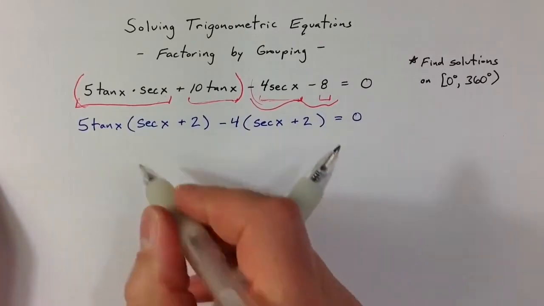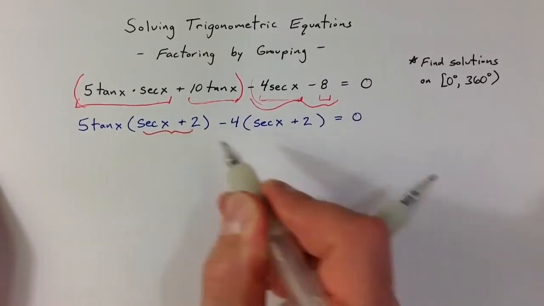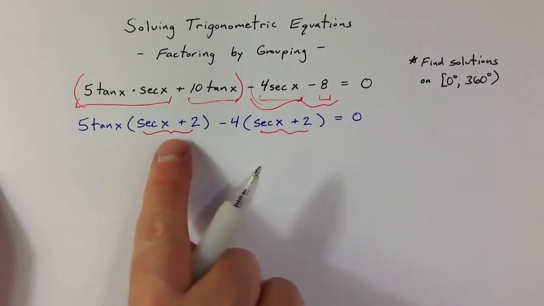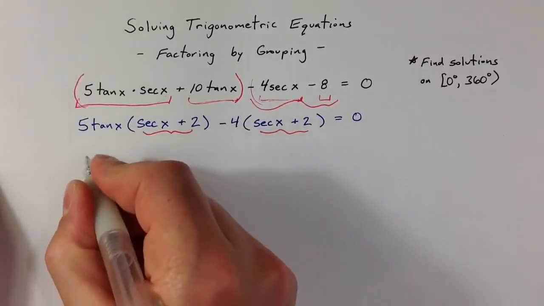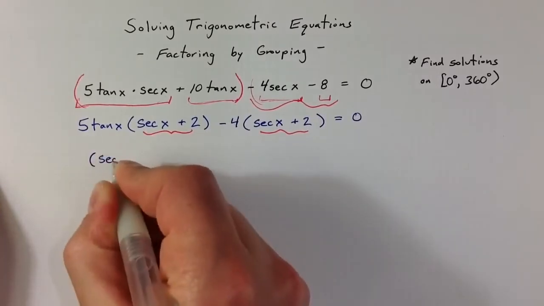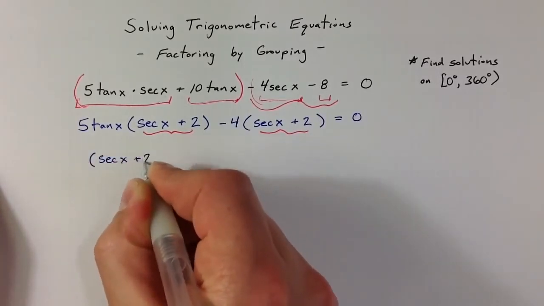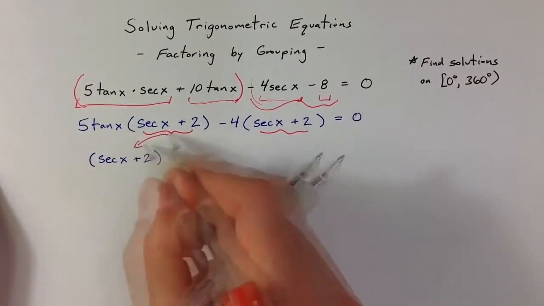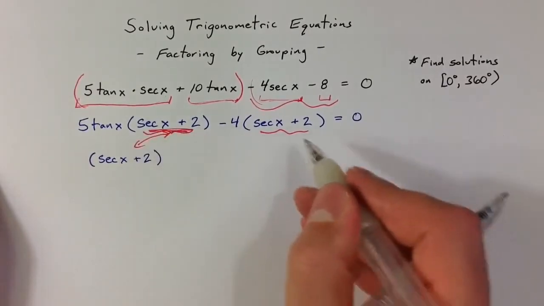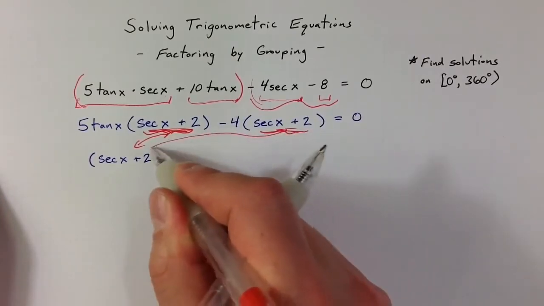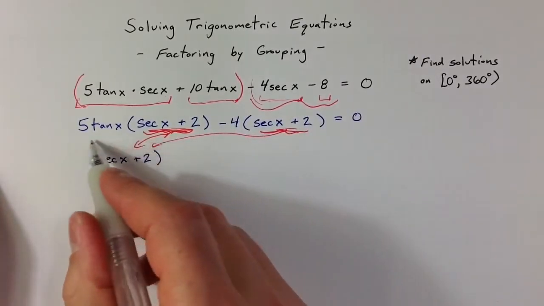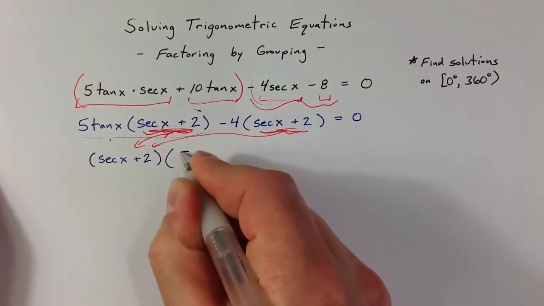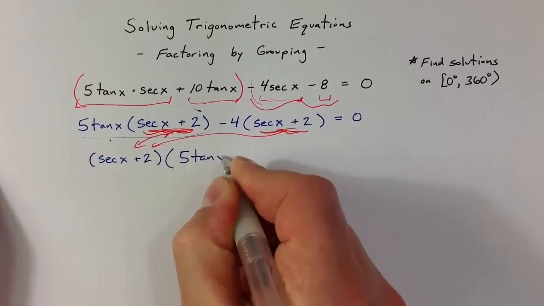Now, because what was left behind from each of those grouped terms in parentheses is the same, I can factor that expression to the front. So secant x plus 2, this new factor, comes from both the secant x plus 2 here and the secant x plus 2 there. From the first group, if I factor out secant x plus 2, what's left behind is 5 times tangent x.